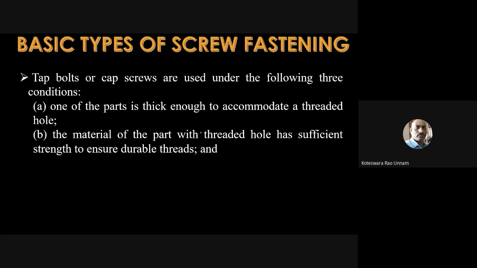There we are not using the tap bolts when the parts are weak, or if the threaded hole has not sufficient strength to ensure the durability of the threads, we go for the through bolts. But here, if the material has sufficient strength to ensure durable threads, then we go for these tap bolts.